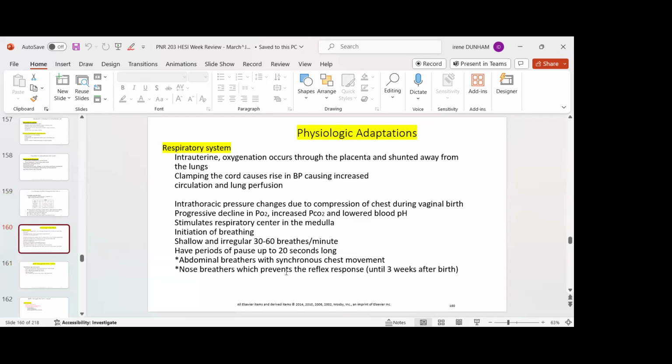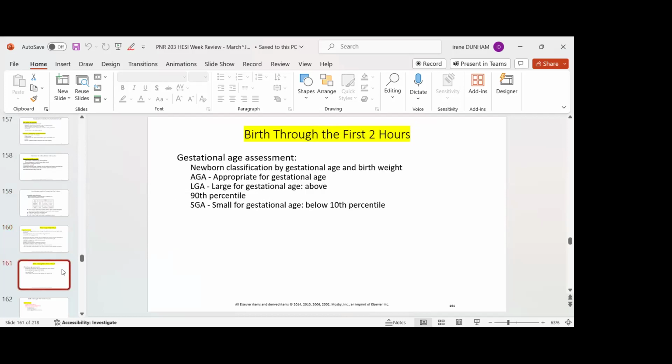If you see chest retractions, you want to find out what's going on with this baby. You want to make sure, because once the cord is clamped, it puts a rise in blood pressure, can cause increased circulation and lung perfusion. So again, once the cord is cut, they're on their own, right?